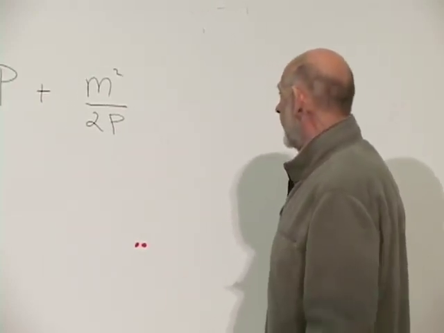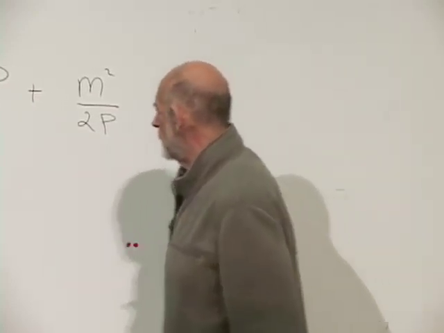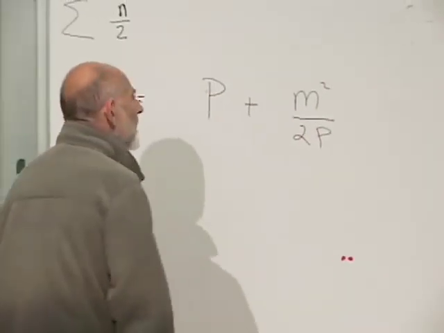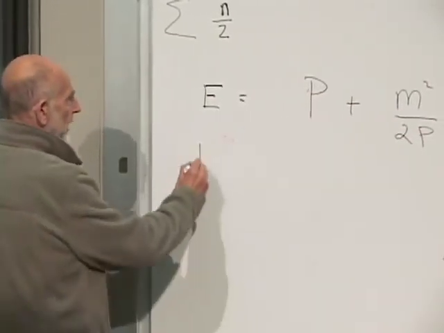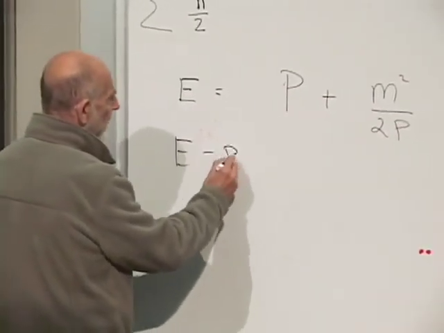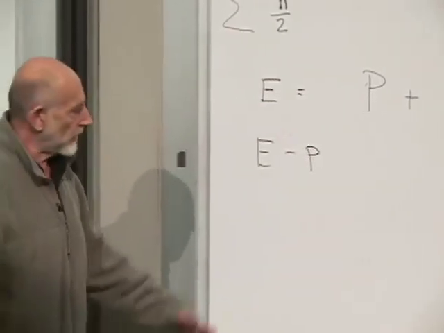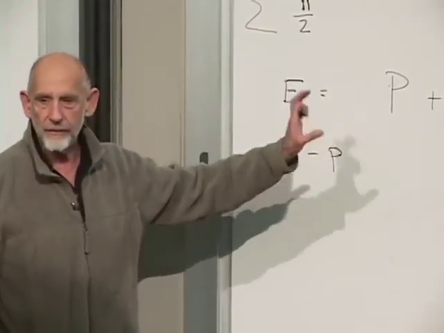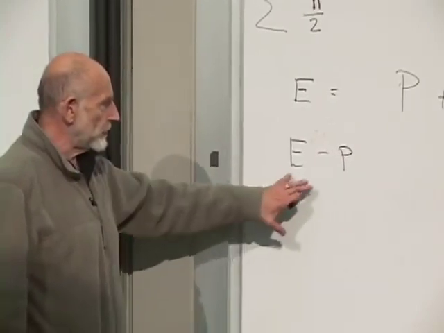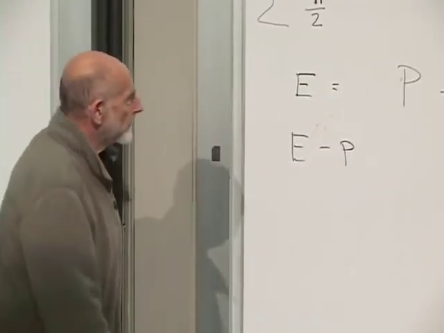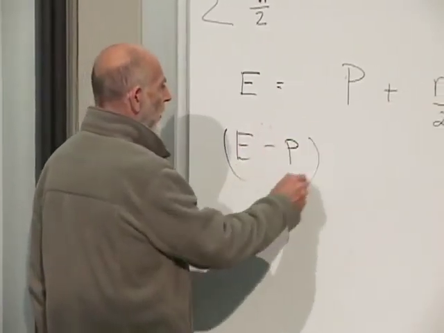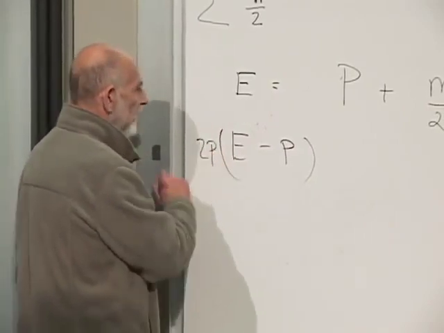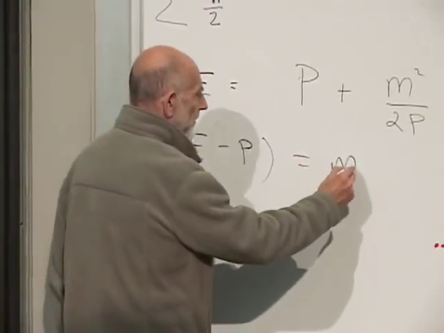You say, well, wait, if I take infinitely large momentum, this thing just goes to 0. But what you really do is you take E minus P, you subtract the momentum from the energy. That's all right. This is a perfectly conserved quantity, never changes. If it never changes, you don't care very much about it. And then multiply the whole thing by, let's say, 2p. And that gives you m squared.